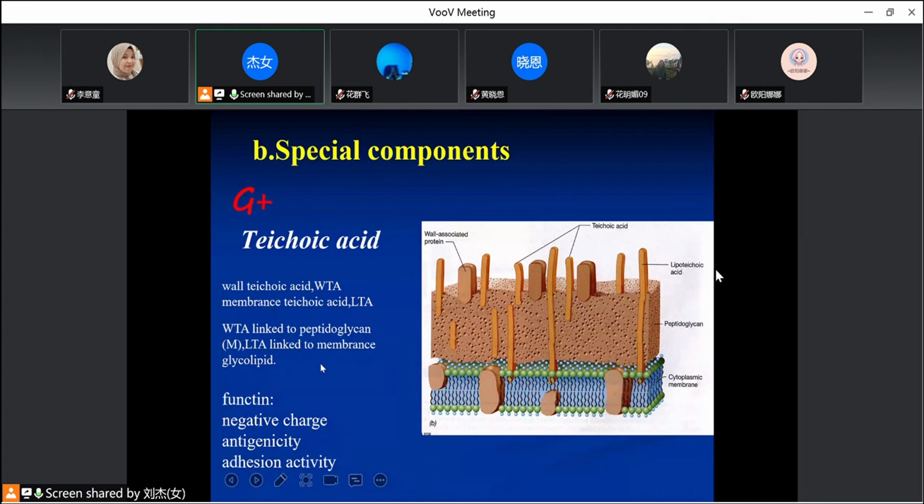And the function of teichoic acid: first, negative charge, antigenicity, adhering activity, something like this.